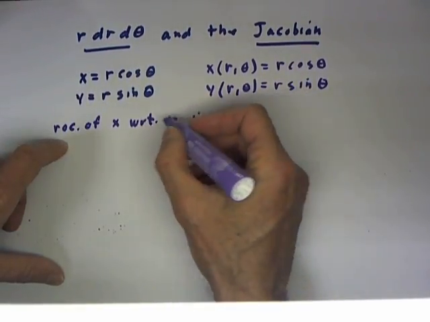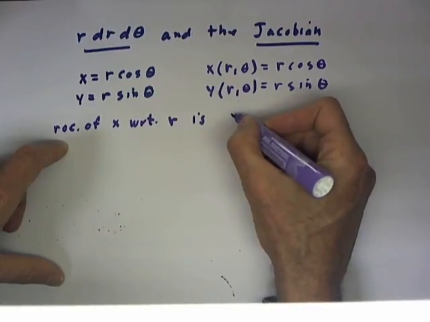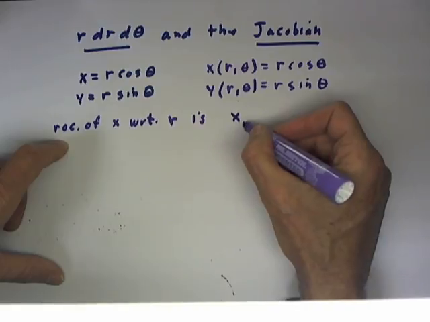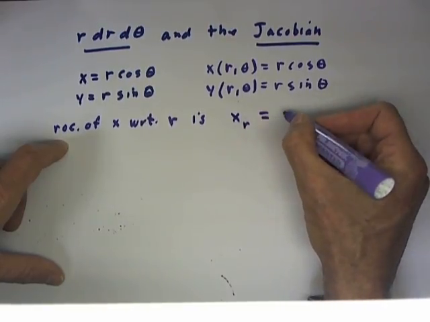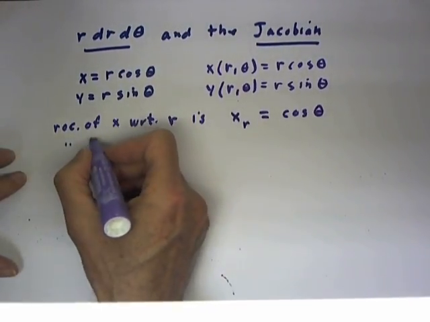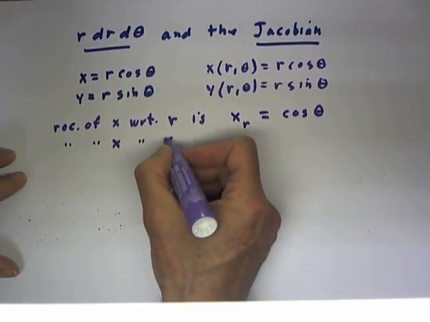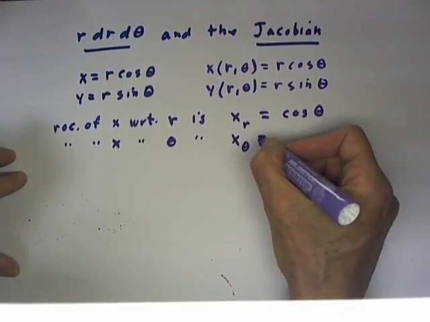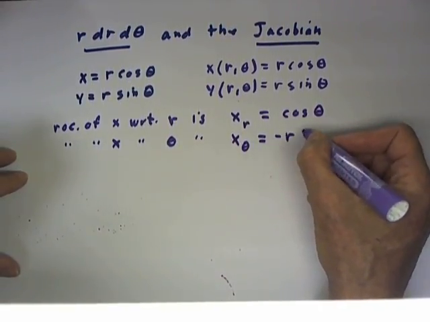The rate of change of x with respect to r is just what we've become familiar with as the r derivative of x, and that's just cosine theta. The rate of change of x with respect to theta is just our theta derivative, which is negative r sine theta.